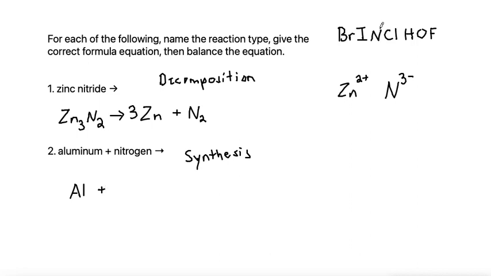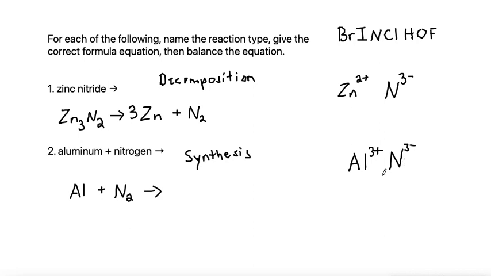Nitrogen is again one of the diatomics, so it would be N2. And if we come out to the side and we write the ion charges, aluminum is in group 3A or 13, so it has a charge of 3+. Nitrogen is again a 3-.